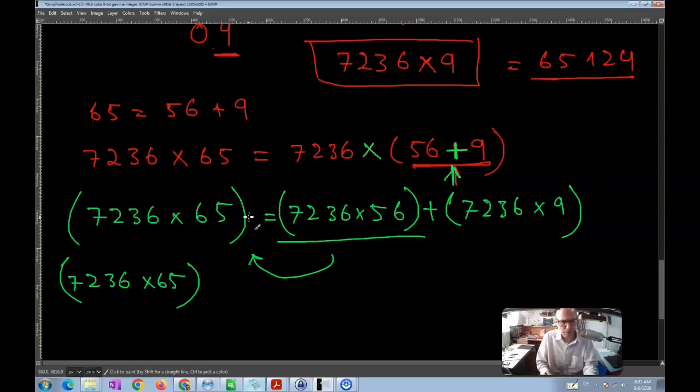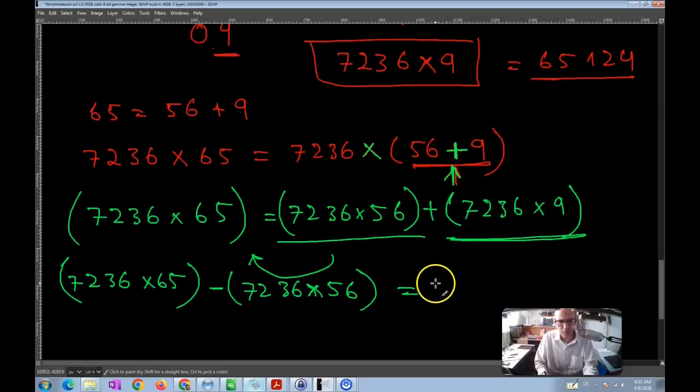So then I bring this whole thing to the other side, but then it changes sign. When it changes sign, it becomes minus 7,236 times 56, okay? And then the equal sign, and then what remains on the right hand side is just this part over here, which is 7,236 times 9 basically.